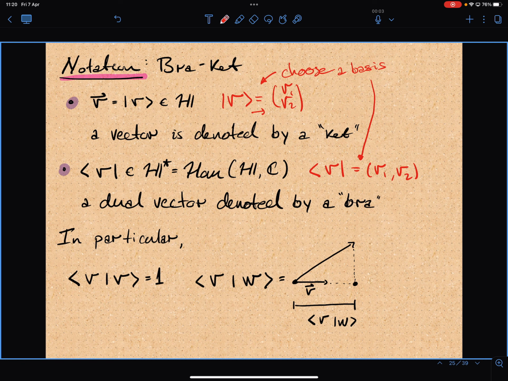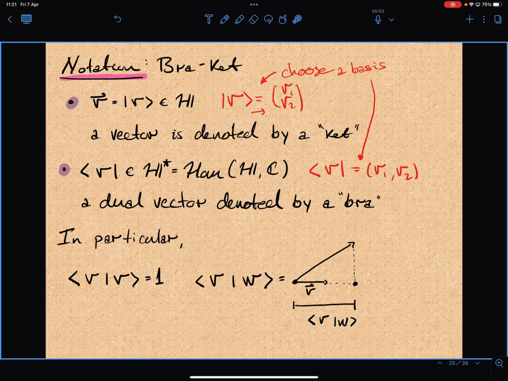So column vectors are kets, and bras are row vectors. The advantage of this notation is that you can succinctly denote row versus column vectors, and it's independent of the basis. Whereas if we wanted to do rows and columns in here, then this really depends on some basis.